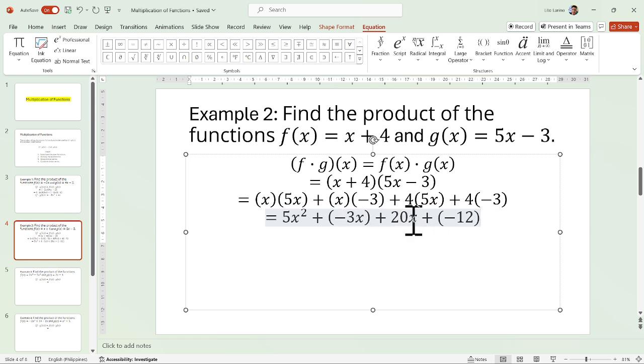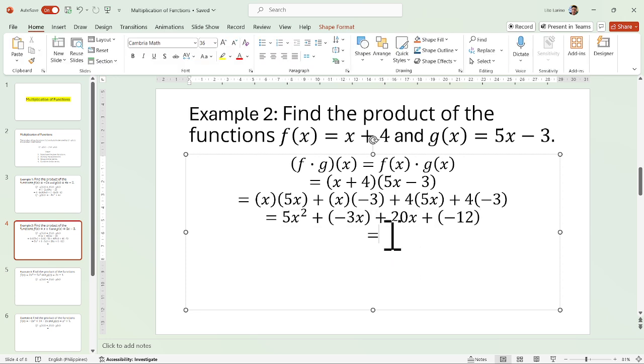We can also group similar terms here. Let me just copy this. We have two similar terms, and grouping them would be negative 3x plus 20x plus negative 12. So we group negative 3x and 20x.